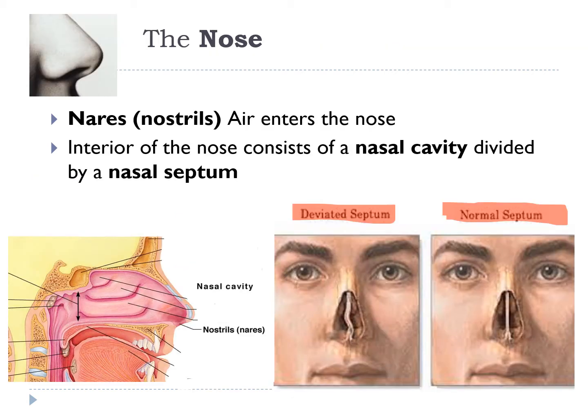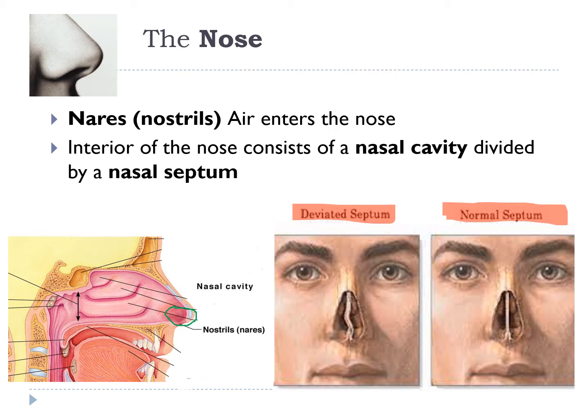So we'll start from the top and work our way through. What you used to call nostrils, which are the holes at the tip of your nose, at the end of your nose. Now that you're an anatomist, you no longer will call those nostrils, you'll call those nares.